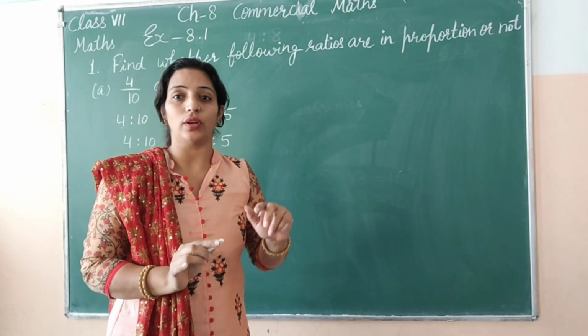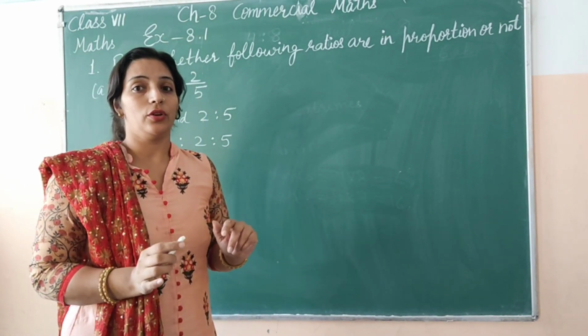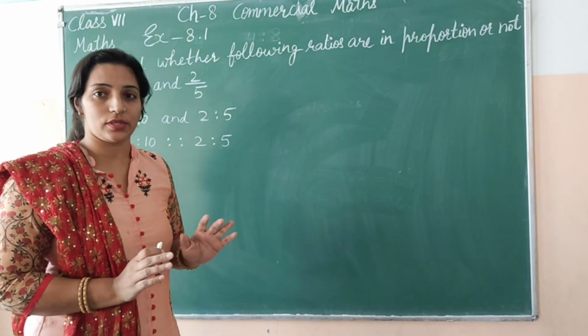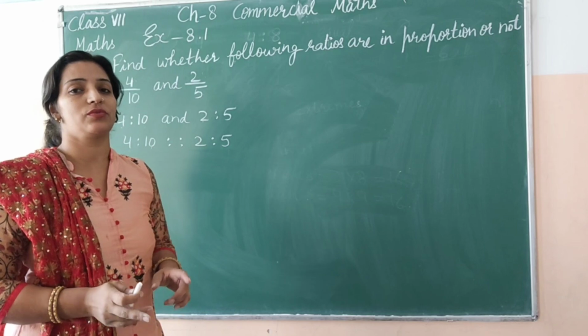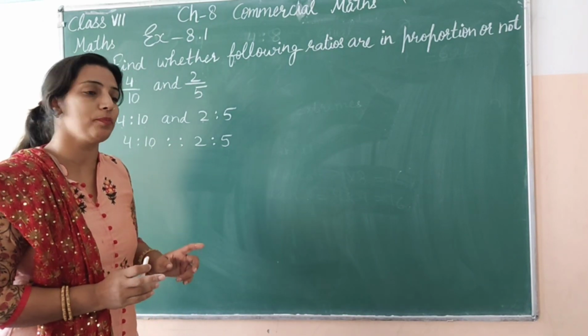Now we have to find out, are these in proportion or not? We know that equality of ratios is called proportion. So if the ratios are equal, then the product of extremes will be equal to the product of means.